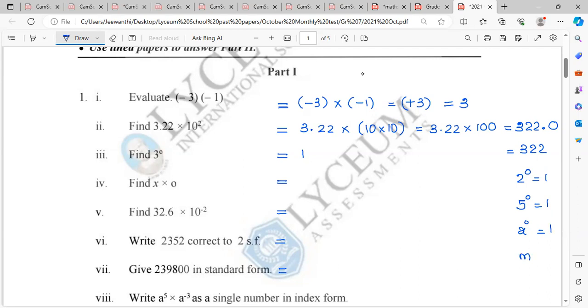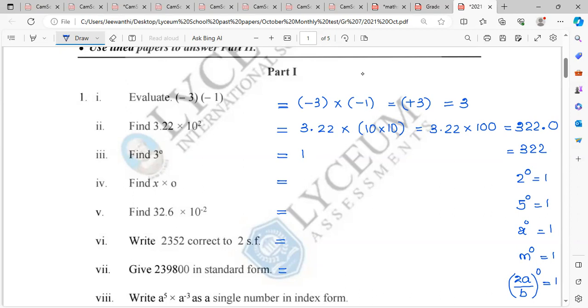M to the power 0, the answer is 1. Whatever the base value, maybe let's say they have given 2a over b to the power 0, still the answer is 1. So either you have a whole number or a fraction, an algebraic variable, whatever it is, if the index is 0, the answer will be equal to 1.